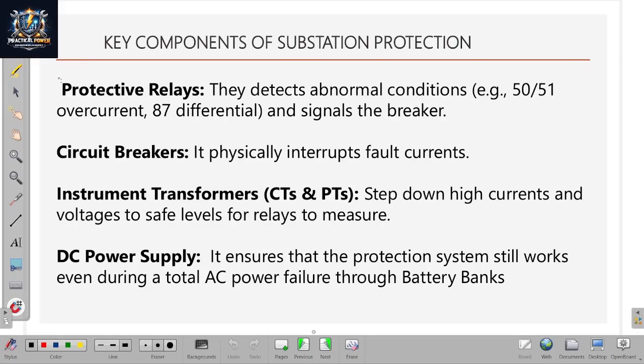So what are the key components of substation protection? One is the protective relays.